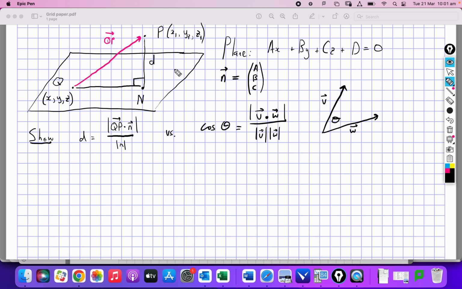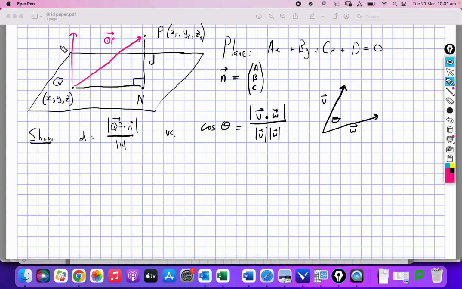The normal could be anywhere on the plane, could be there. But given the similarity with this angle between two vectors formula and this picture that I've got in my head of what that looks like, it would make sense, I'm just going to erase this one, to draw that over here.